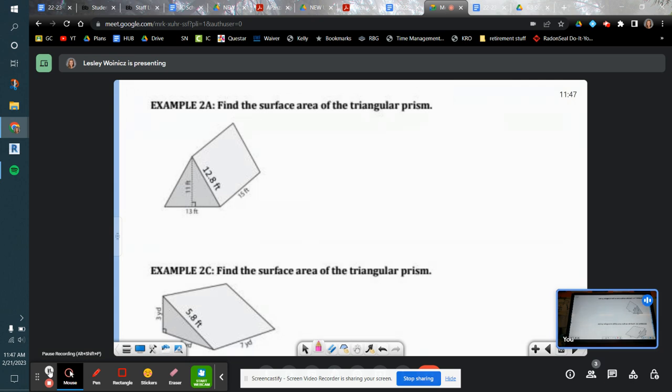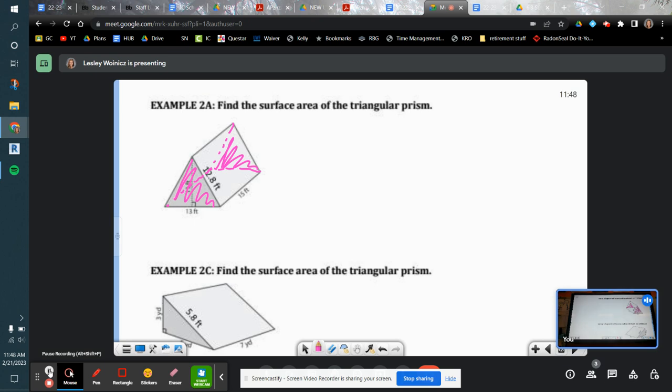Okay, so here we have a triangular prism. So, if you can imagine, can everybody see what's happening back there? Okay, how many of this triangular face do we have? Do you see that we've got one on the front and one in the back?